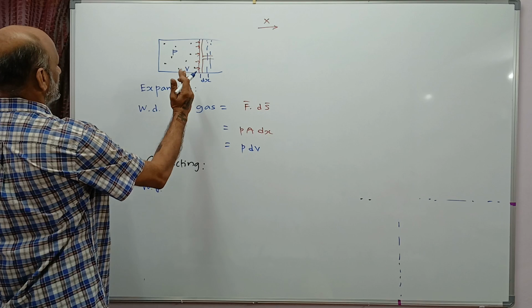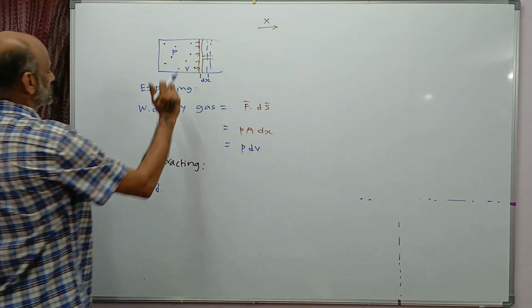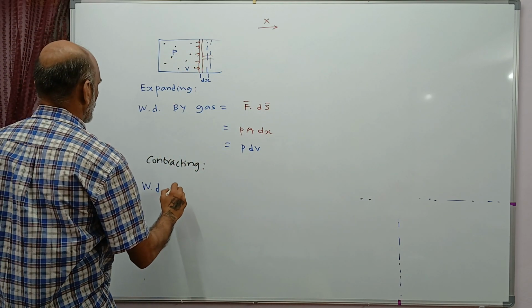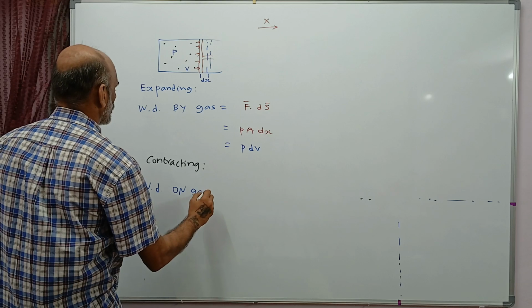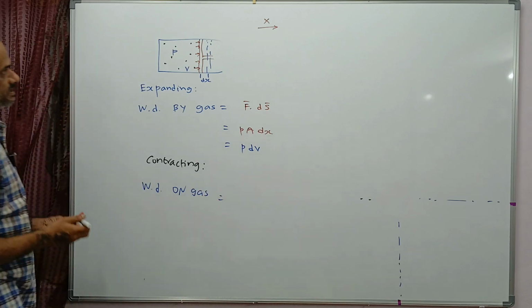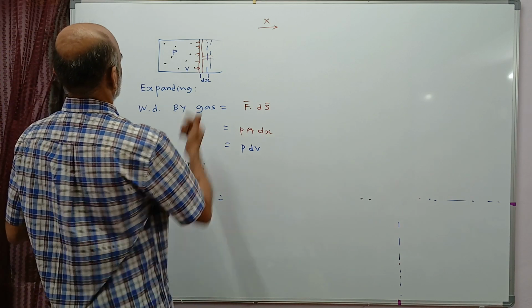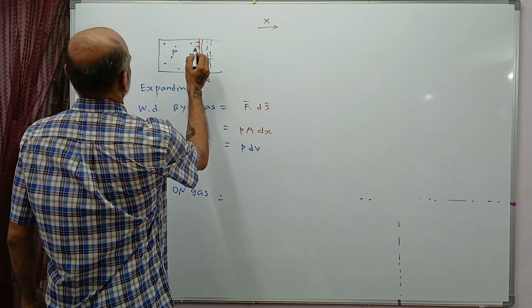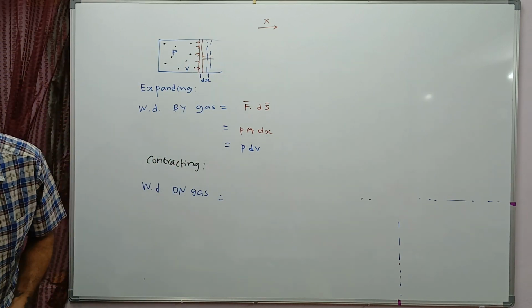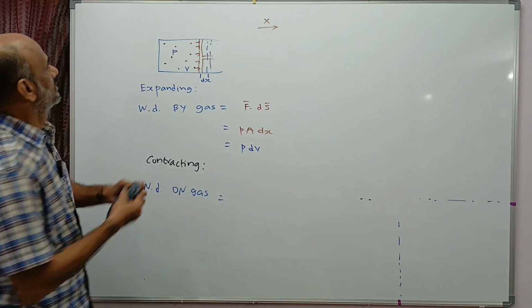When it's getting compressed, the external thing is doing work on this gas. So work is done on the gas by the piston. So the piston will exert a force on this gas in this direction.